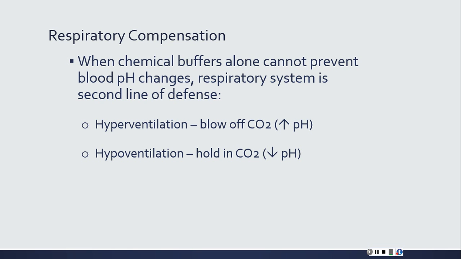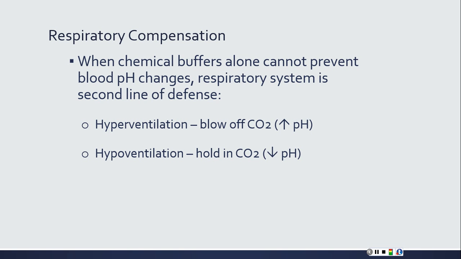So how do we blow off CO2? When CO2 is up, we blow off CO2 by increasing the respiratory rate. Does that make sense? Now, if CO2 is down and pH is up, we are in an alkalotic state.